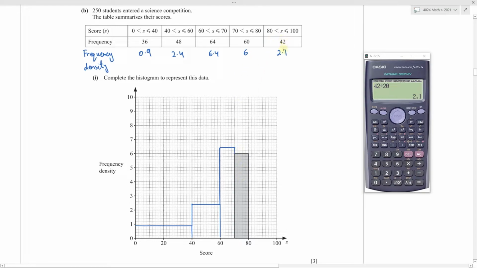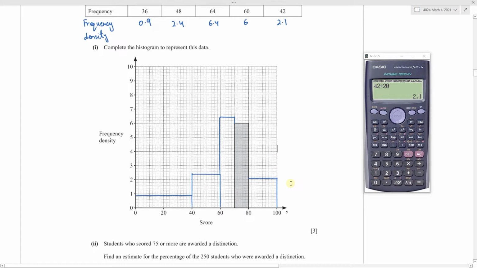This is already drawn, and for 80 to 100 I have 2.1. So this is 2, this is 2.2. So 2.1 will be in the middle between 2 and 2.2. So for 80 to 100 I have 2.1, which is here. So that's how you will complete your histogram.